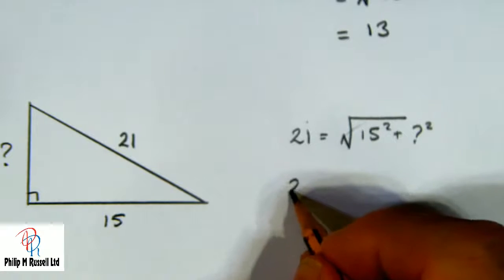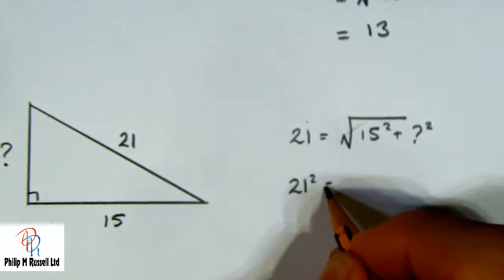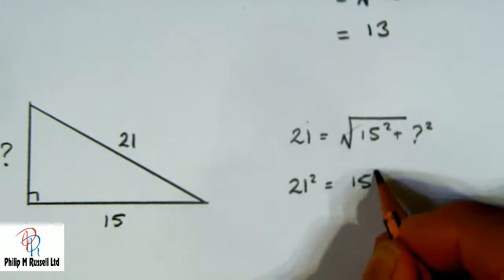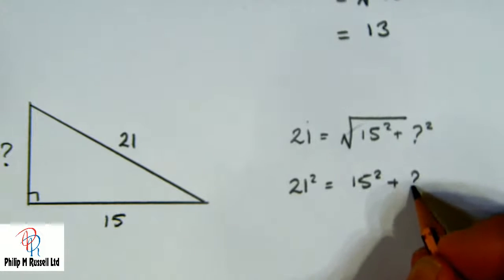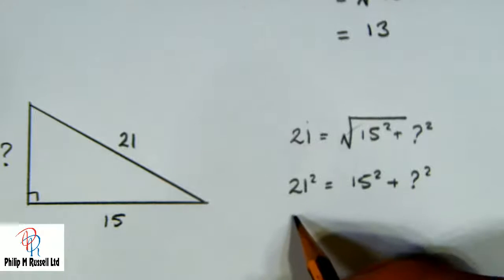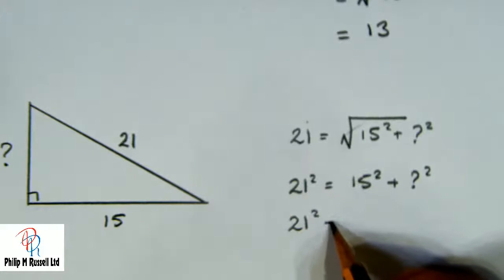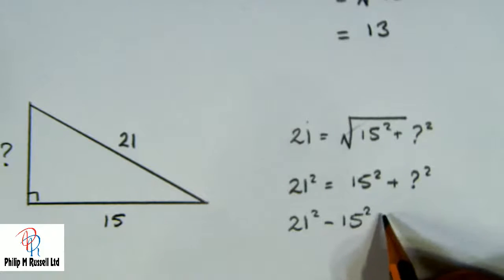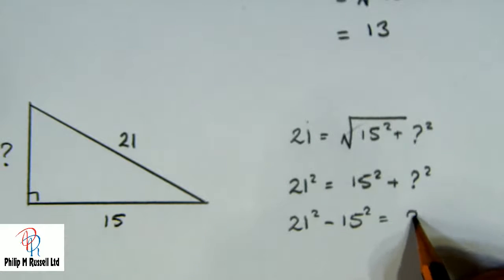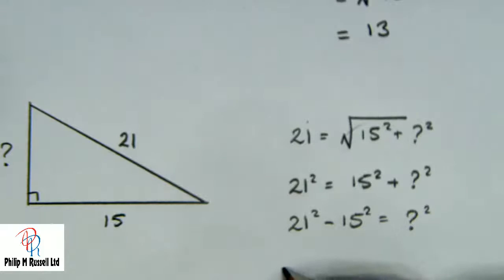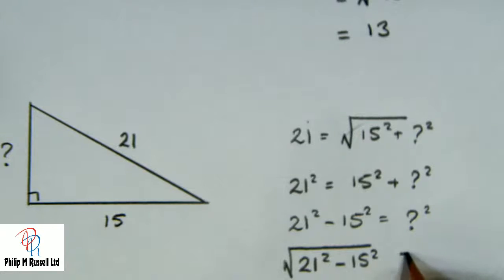So we can also say that 21 squared equals 15 squared plus question mark squared, and if I rearrange that, I've got 21 squared minus 15 squared is going to give me this side that I don't know squared, and so we can square root both of those, and that gives us our answer.